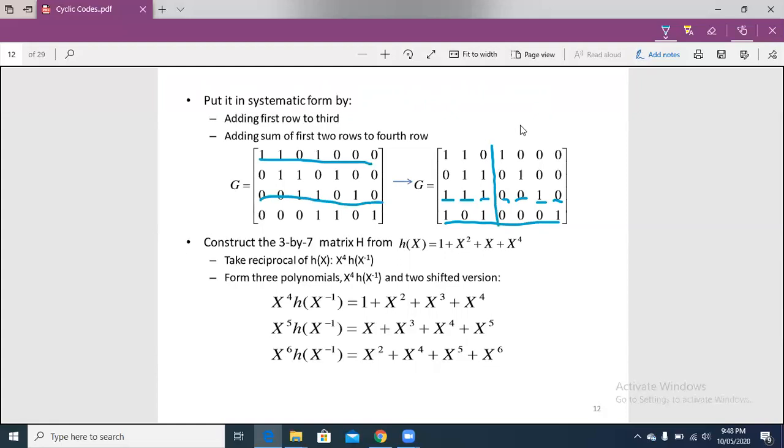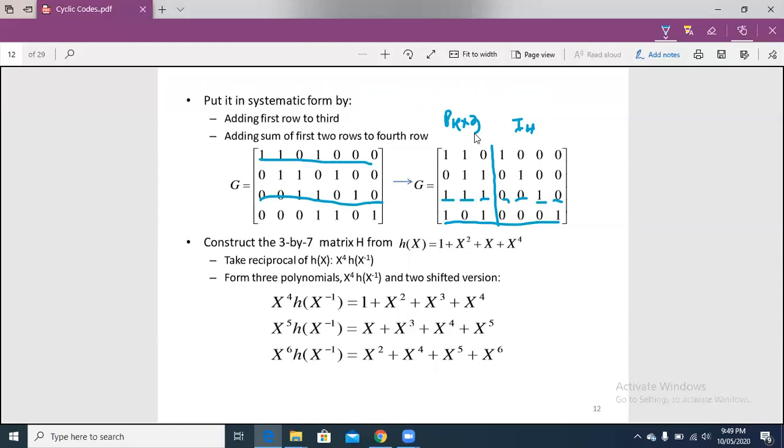That is, I4 is the identity matrix, right? And P4 by 3 is the parity matrix.